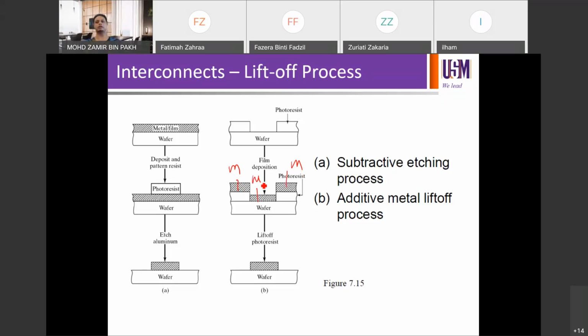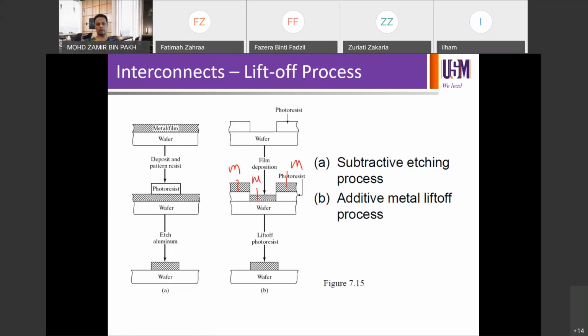It's all metal. It's just that they sit at different levels because you already have your patterned resist on the left and on the right. Technically, they are blanket deposition. Then you lift off the resist. When you lift off the resist, the metal sitting on the resist will also be lifted off, right?